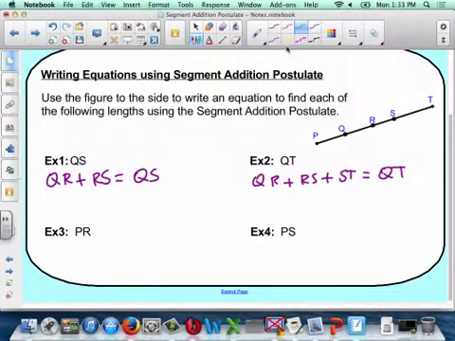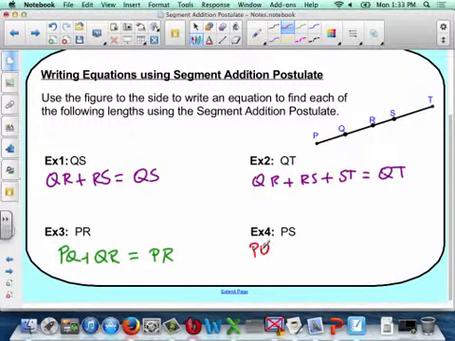Hey, Blaine, what about number 3? PQ plus QR equals PR. Very good. And Callie, what about number 4? PS. PQ plus QR plus RS equals PS.